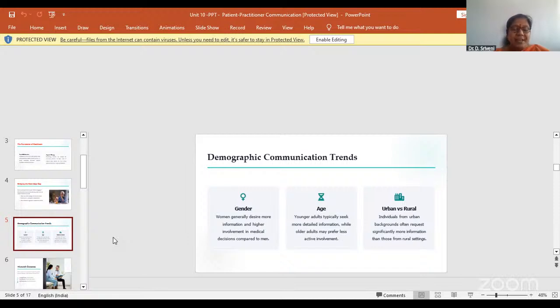Research highlights clear demographic trends: women generally want more information than men, younger adults seek more involvement than older adults, and individuals from an urban background tend to desire more detail than those from rural areas.